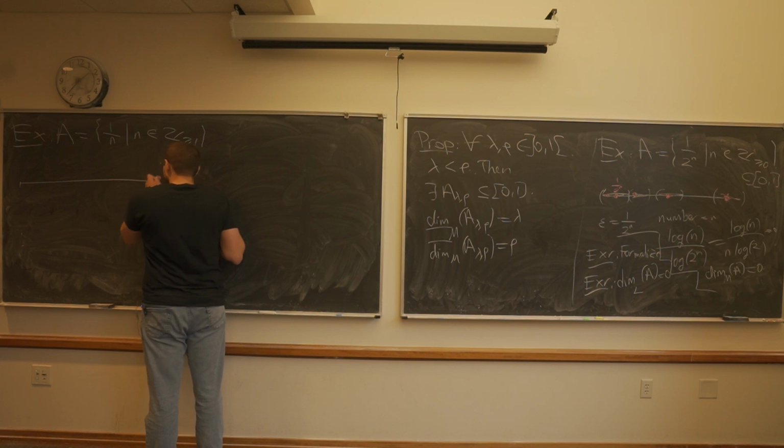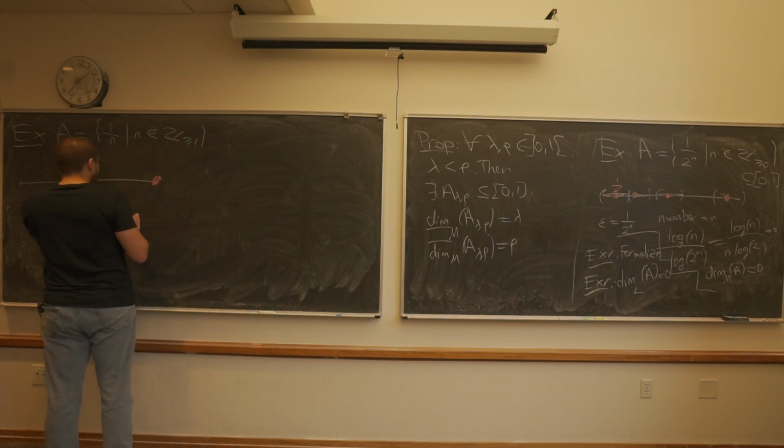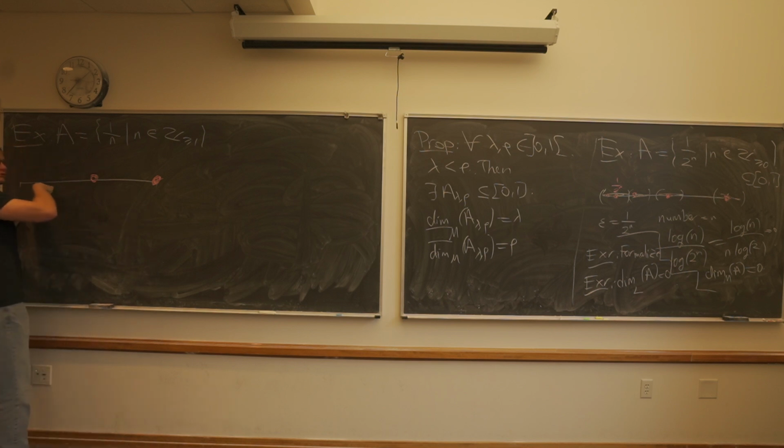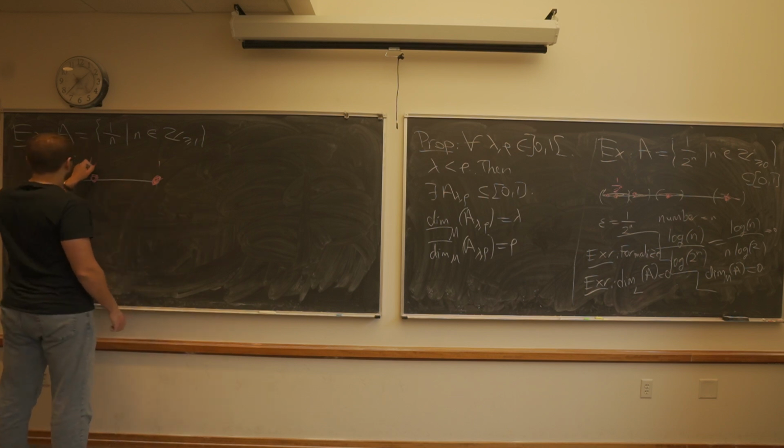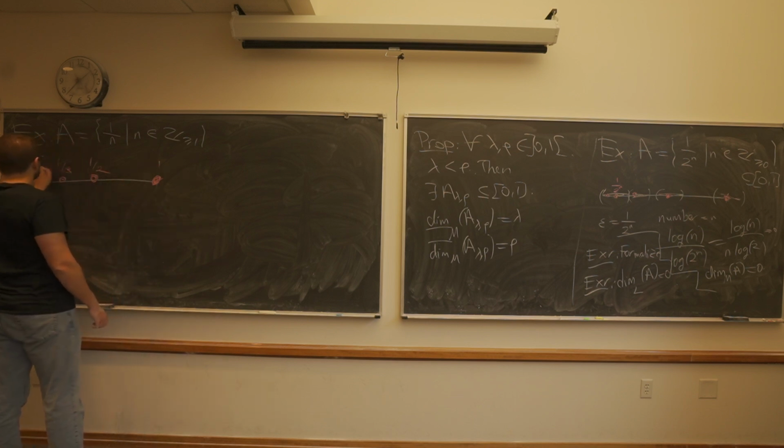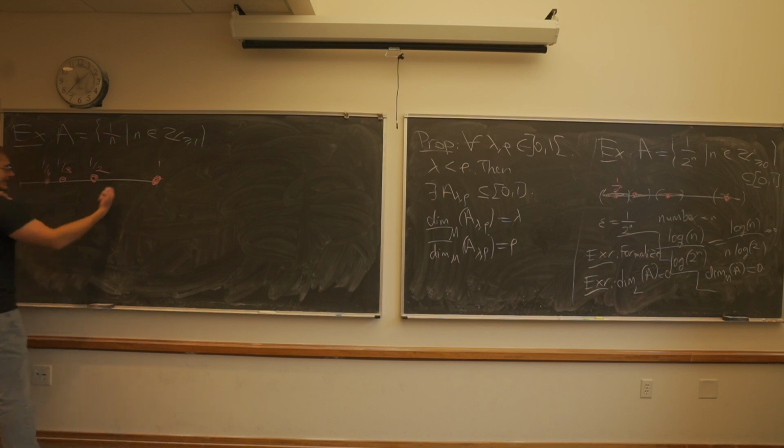So I have this point, and then 1 over 2. And then you see, instead of going to 1 over 4, you stay a little bit farther, 1 over 3, and then 1 over 4. Again, these points accumulate to 0, but it accumulates in a slower fashion.